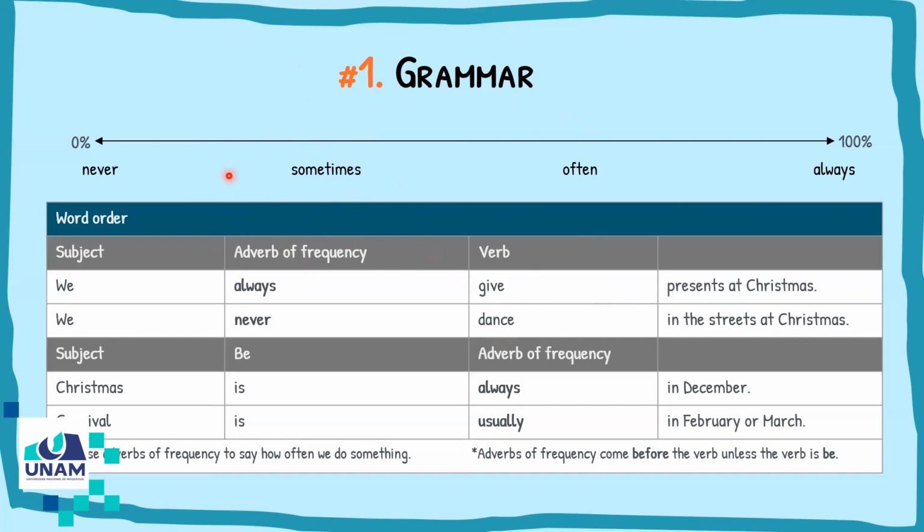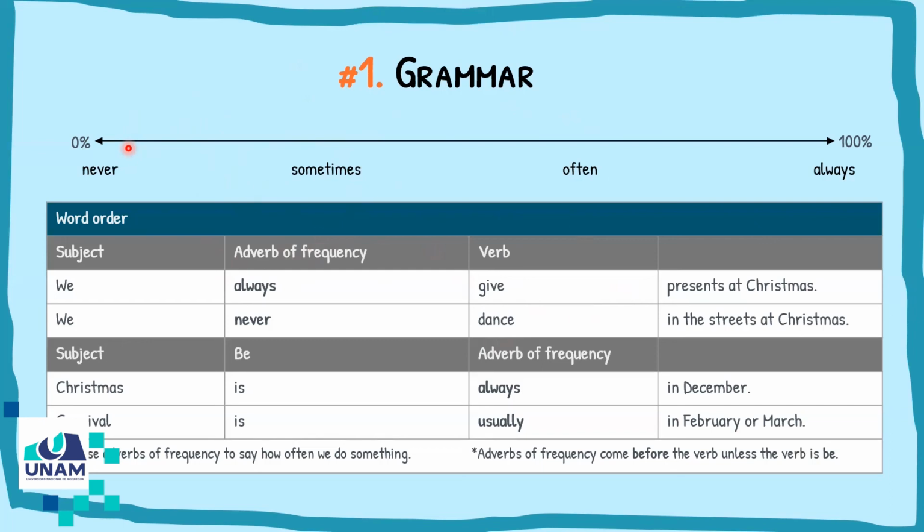Occasionally, I occasionally go to bed late, ¿no? Occasionally, ocasionalmente. Luego tenemos seldom. I seldom put salt on my food, ¿no? Seldom significa pocas veces. Pocas veces sería casi como un 10%, ¿no? Y ya en un 5% encontramos el adverb of frequency hardly ever o rarely, que significa casi nunca o rara vez.